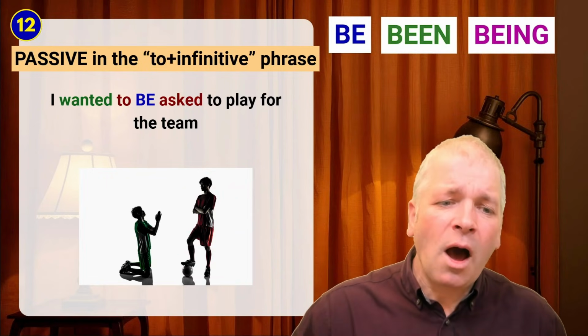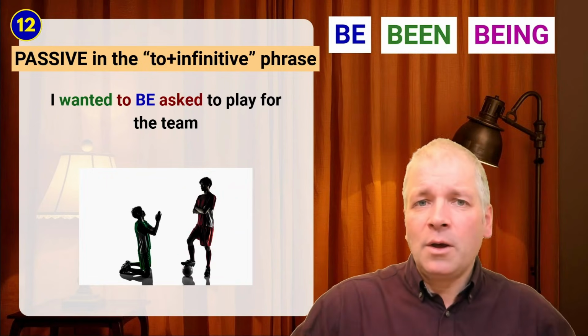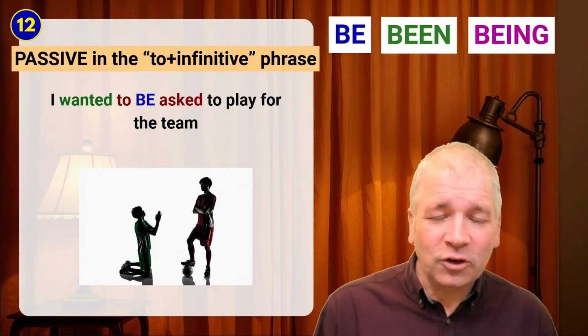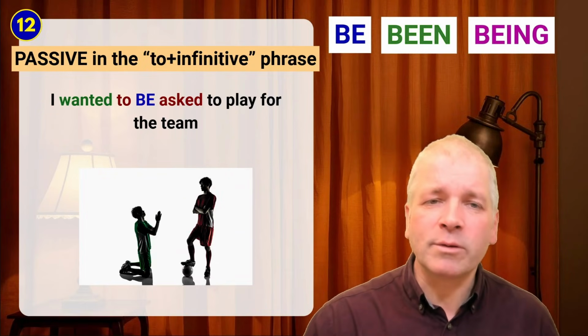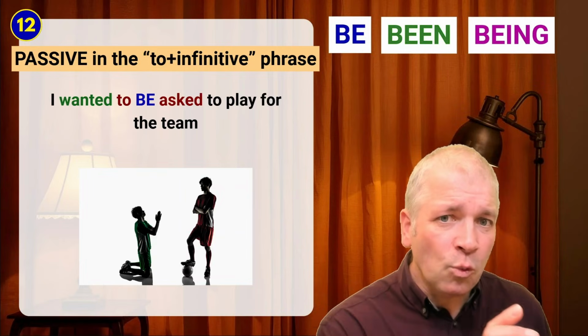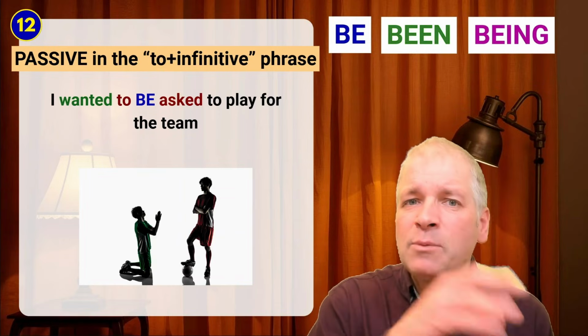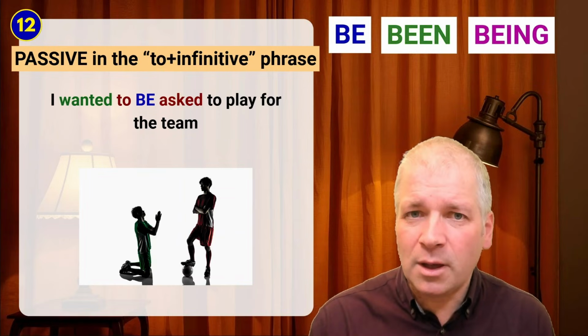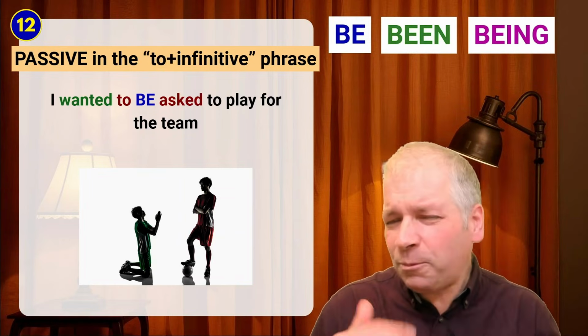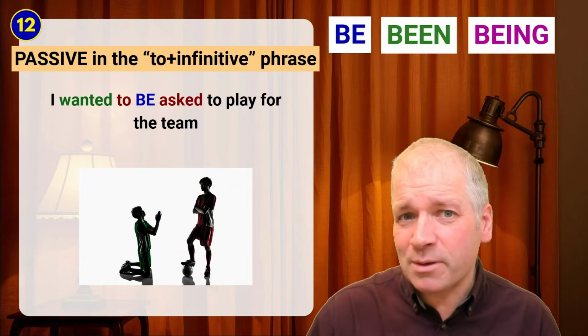In other words, I wanted the manager or the coach to ask me. So notice here that the passive does not go with wanted here. We've got two verb structures here. We've got wanted, and then we've got a second one, which is ask. But in the passive form, which part is the activity that happens?